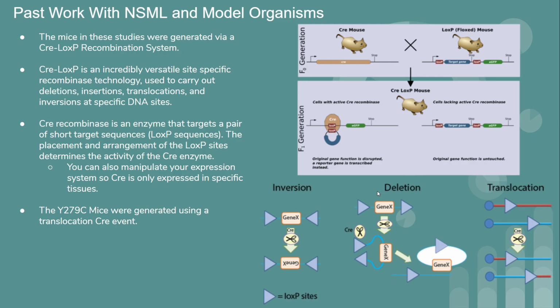So you put in these LoxP sequences, and then you introduce Cre, which is an enzyme. Depending on where you put the LoxP, the Cre will either cause a deletion, an inversion, or a translocation. In our case with the mice, they did a translocation to introduce that mutant sequence and cause their mice to have LEOPARD syndrome.